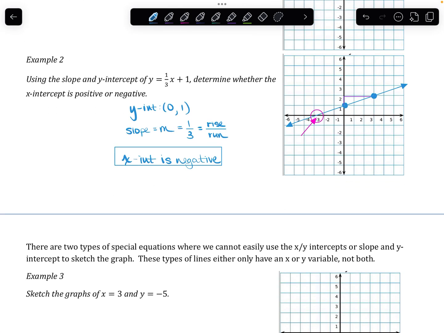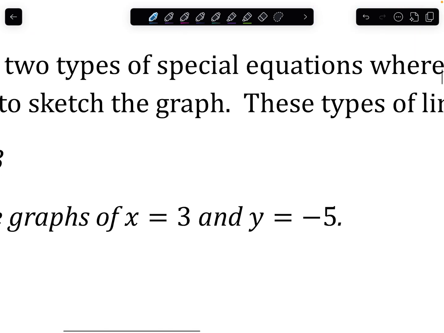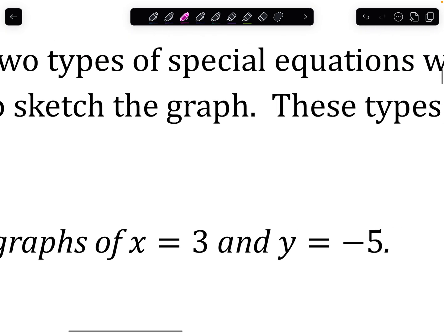So next example, sketch the graphs of x equals 3 and y equals -5. These are special types of lines, and it's helpful to just know what each is. The equation of a line x equals a number. Notice both of these equations do not contain an x and a y. It is only an x or only a y.